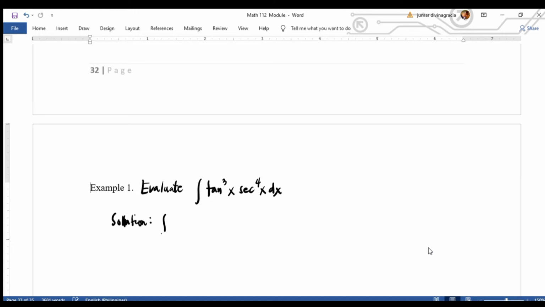We have here the integral of tangent 3x times secant of 4 minus 2x, so we have secant square x times secant square x dx.